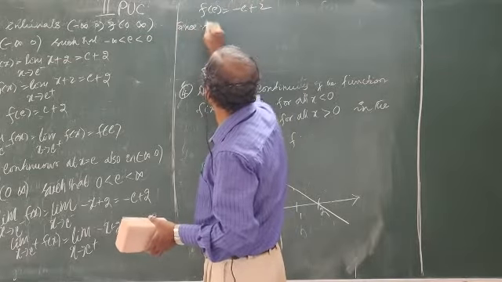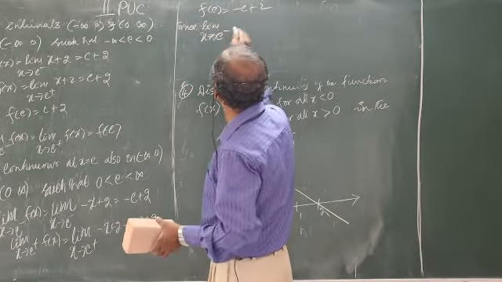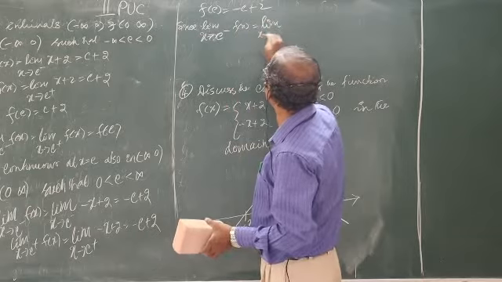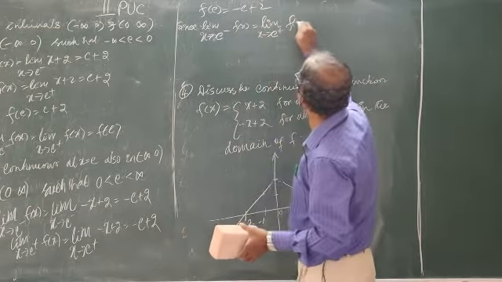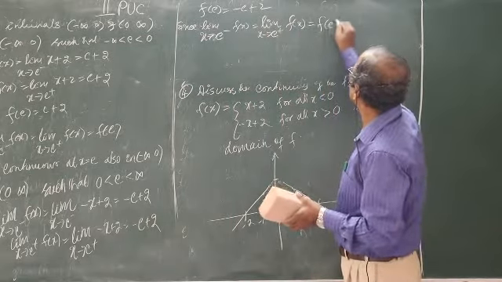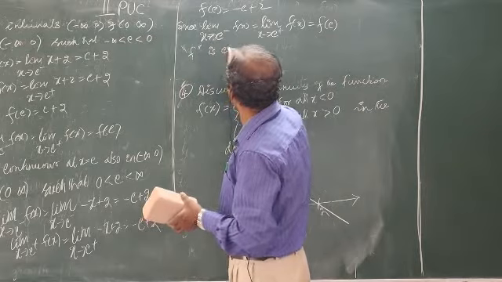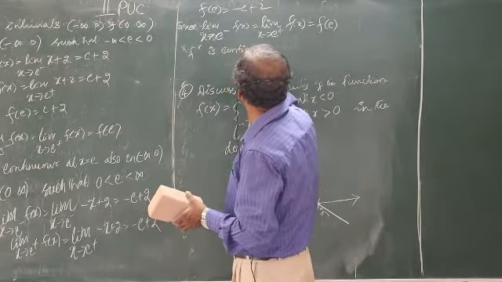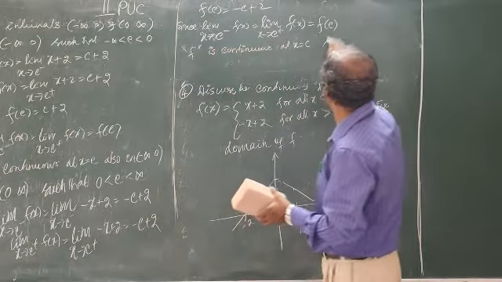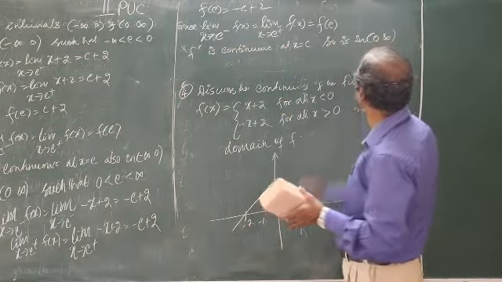Since limit x tending to c minus f of x, limit x tending to c plus f of x equal f of c, f is continuous at x equal to c, so in the interval 0 to infinity.